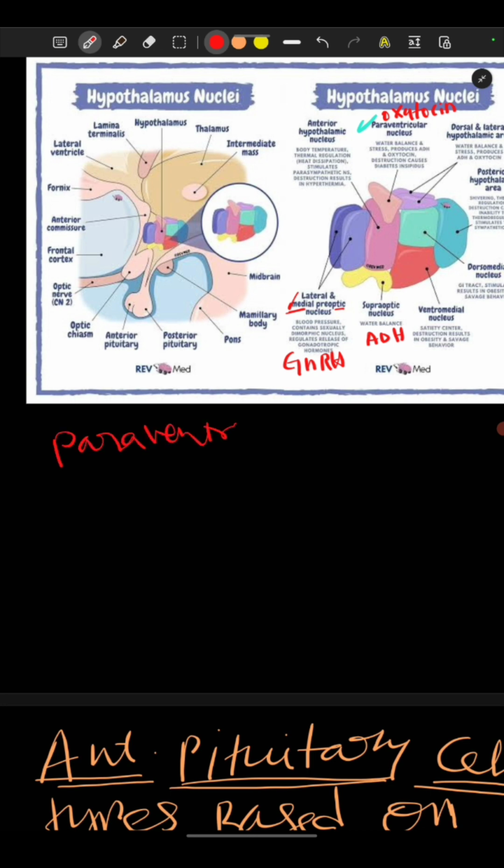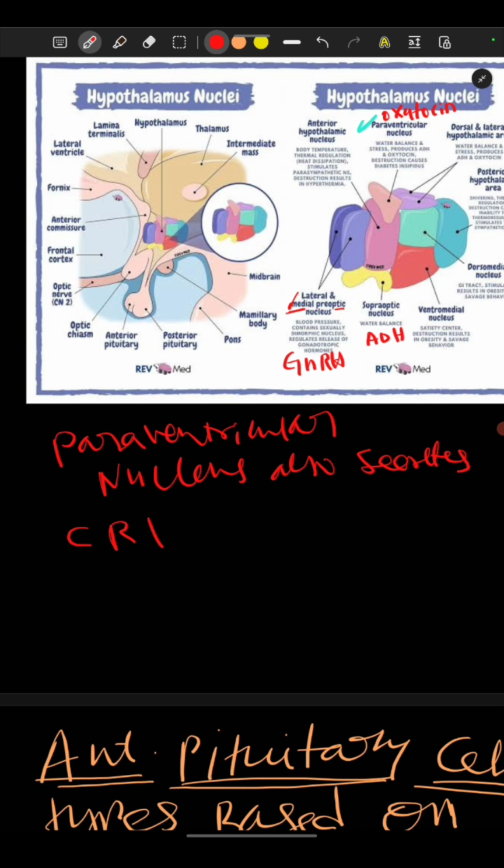Paraventricular nucleus also secretes corticotropin releasing hormone, thyroid releasing hormone, and somatostatin.